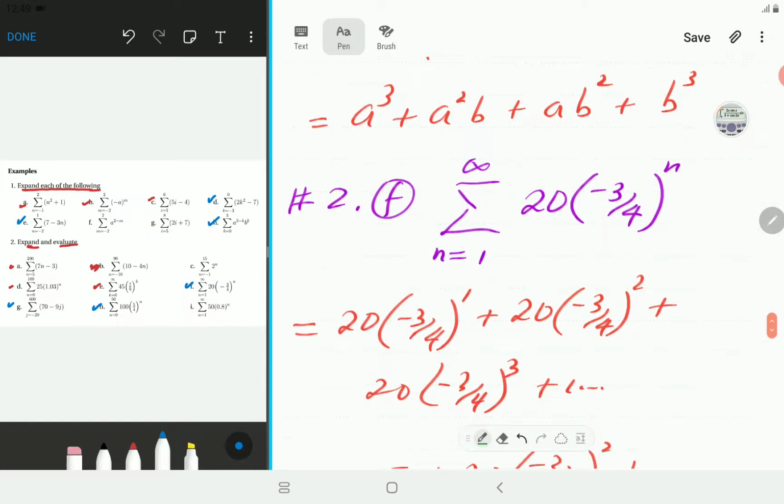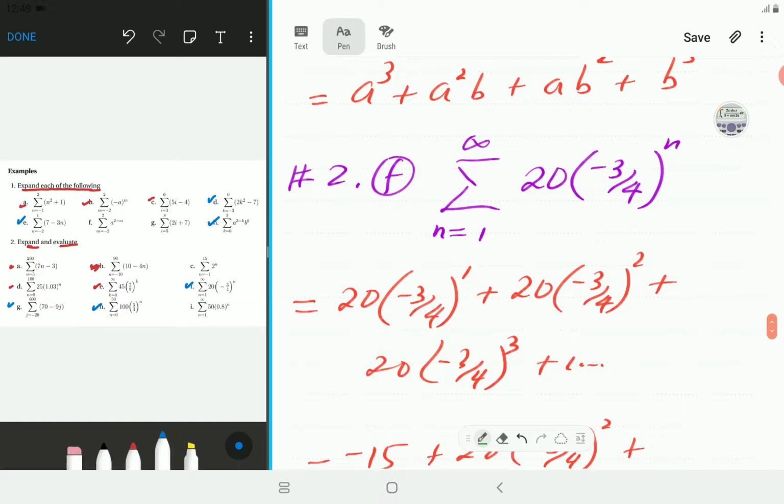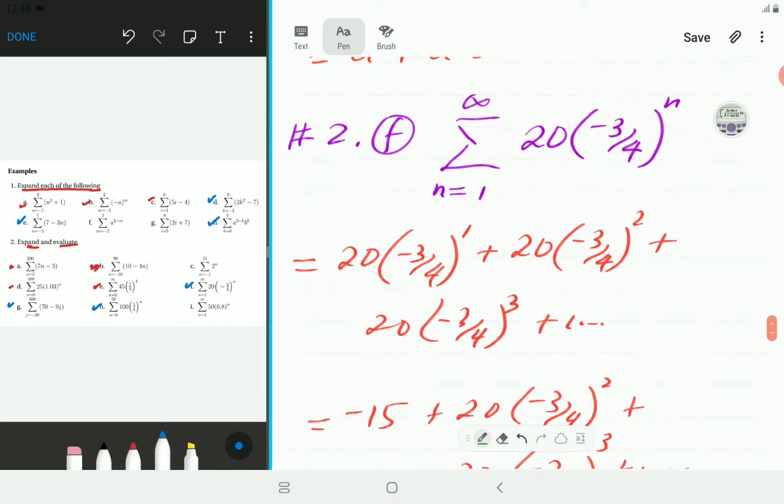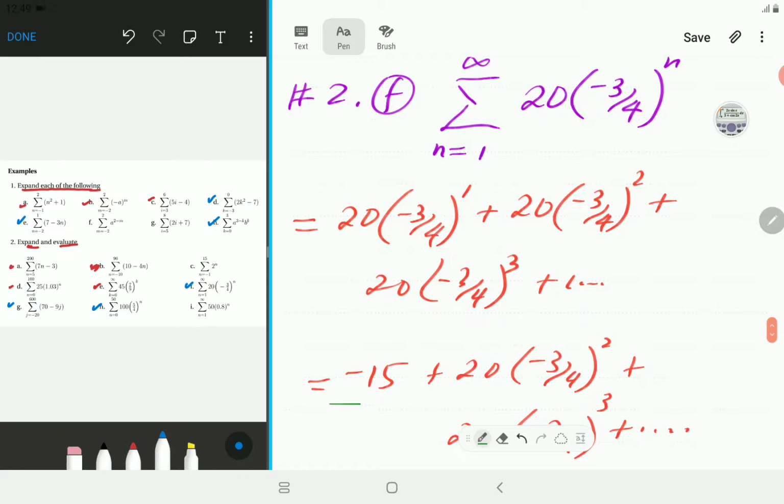Okay, then in number 2, expanding and evaluating. For f, we're starting from 1 to infinity, so it's an infinite sum. It must be geometric. But the thing you want to be careful of here, this one starts from 1, not from 0. Okay, so we do the first 3 terms. We work out the first one, works out to 15.